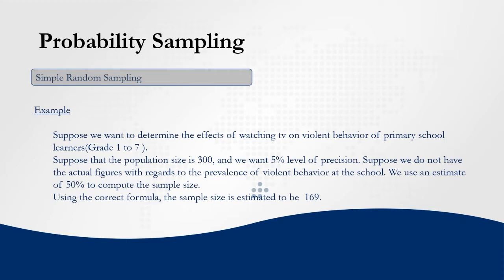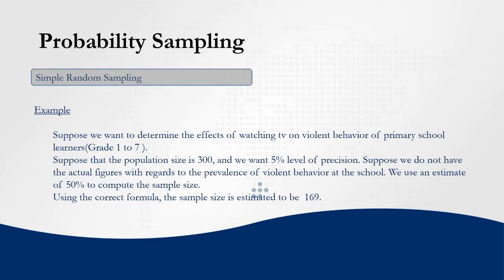In most cases, when you don't know, this particular example is one where you are estimating an incidence rate, to what extent that particular thing occurs. So at the end, you'll be saying that from my study, I found that 76% of the learners do exhibit signs of violent behavior.